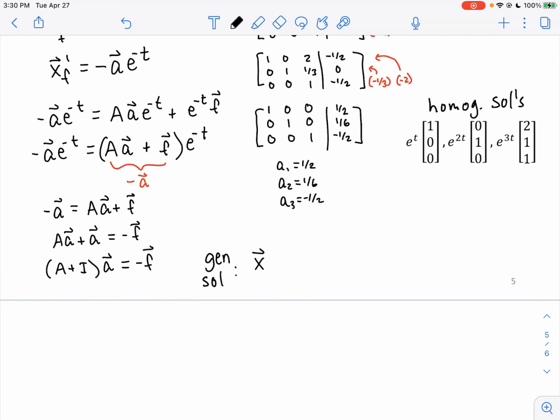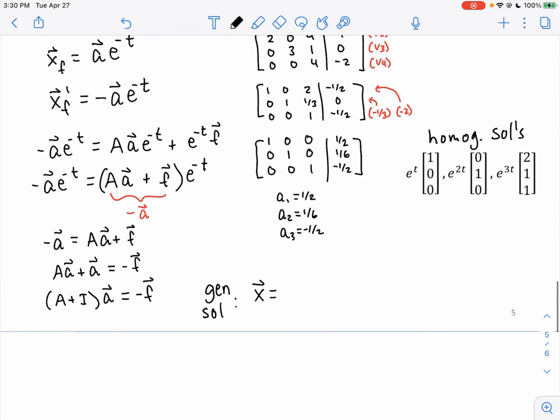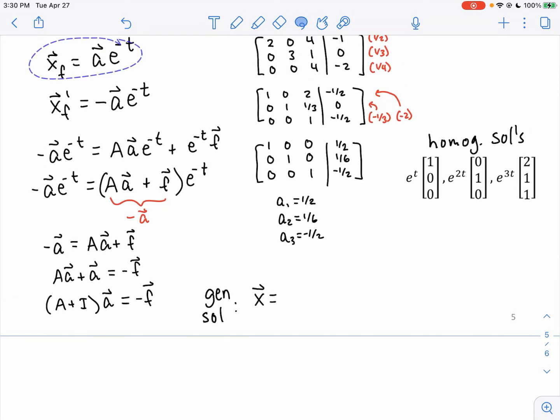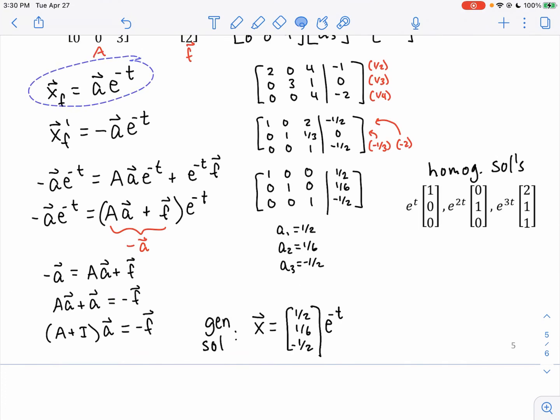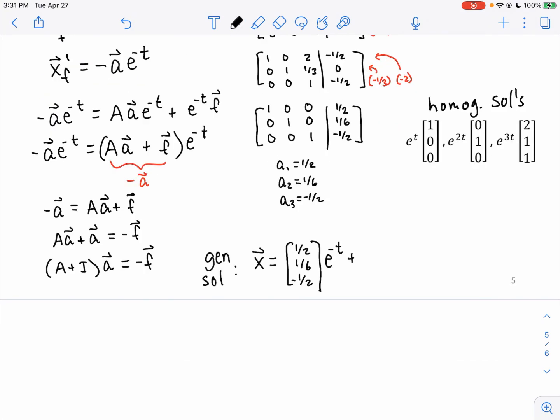And that's going to be vector x is equal to, let's do the particular solution first. So I'm going to do my x sub f, but with these components. So we have 1/2, 1/6, -1/2 times e to the -t. That's our particular solution, plus some constant.